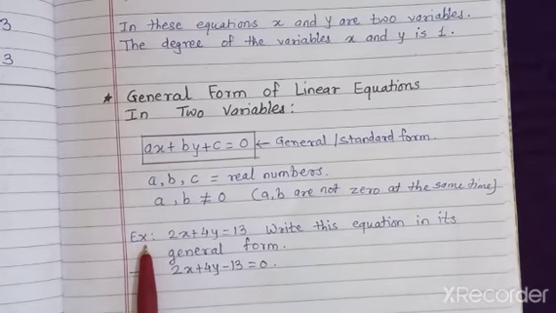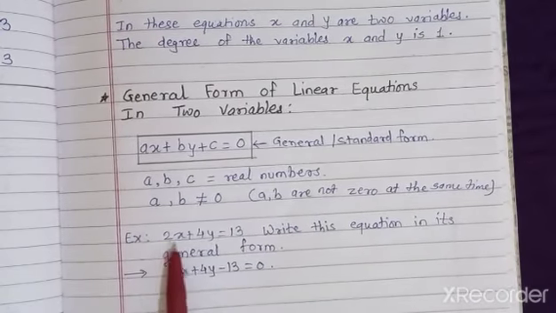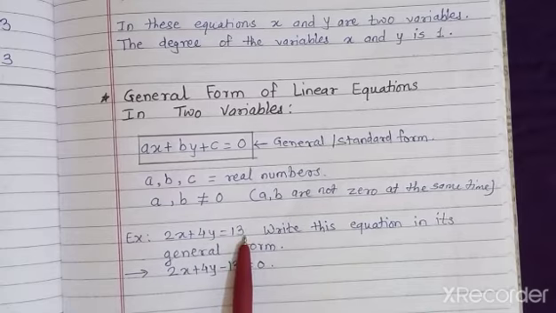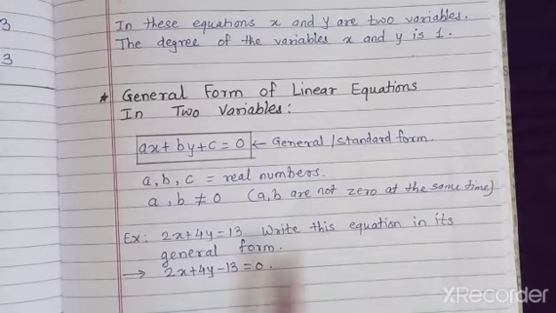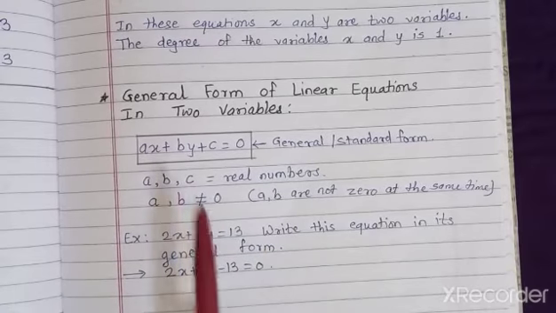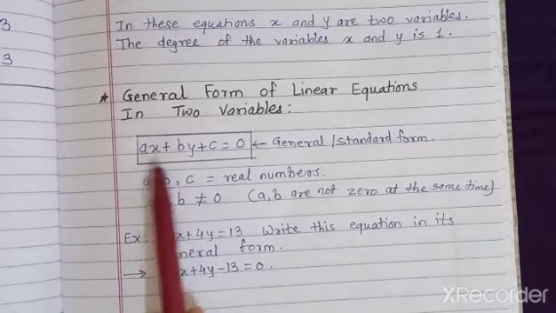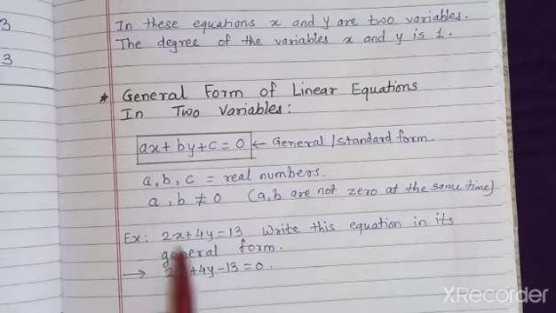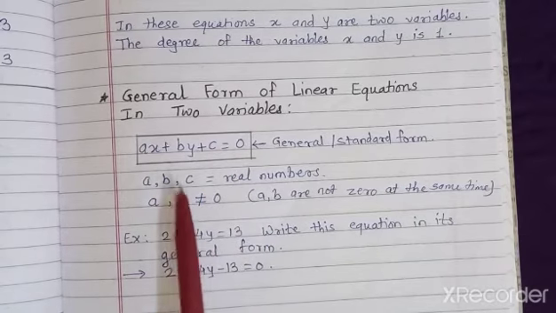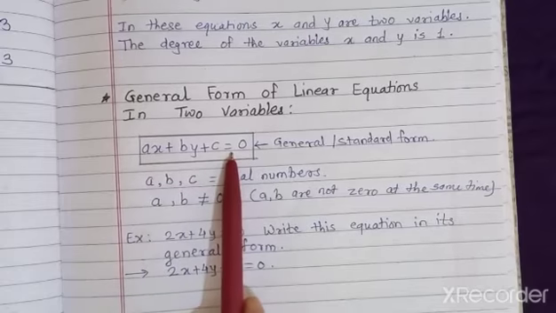Now, example: 2x plus 4y is equal to 13. Write this equation in its general form. We know the general form is ax plus by plus c is equal to 0. Now this given equation is not in the general form.